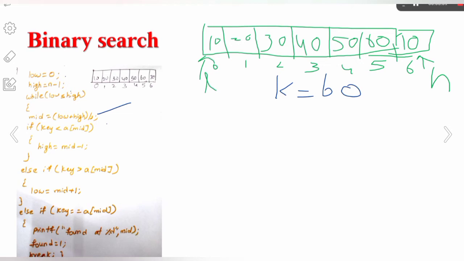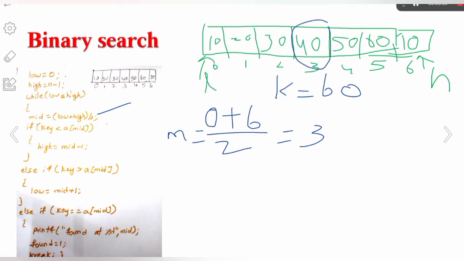So 0 plus 6 by 2 is 3. Now we found the middle element, 3. If the middle is not equal to the key element, we divide the array into 2 subparts. First we will go into the algorithm here.